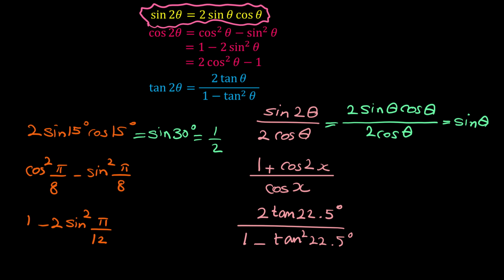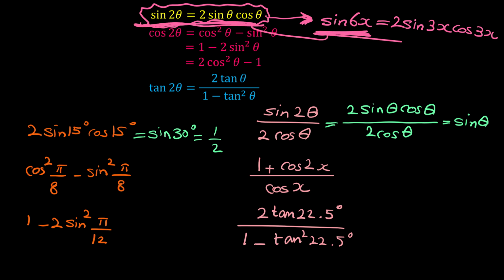So if we want to use this identity, what is sine of, for example, 6x? Sine of 6x based on this identity is equal to 2 sine of 3x cosine of 3x. Let me explain how I use this identity to write sine of 6x in this form.